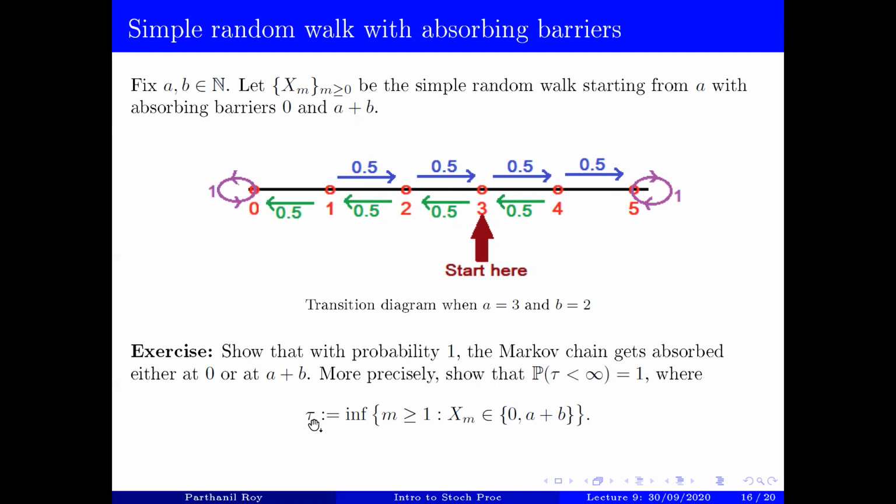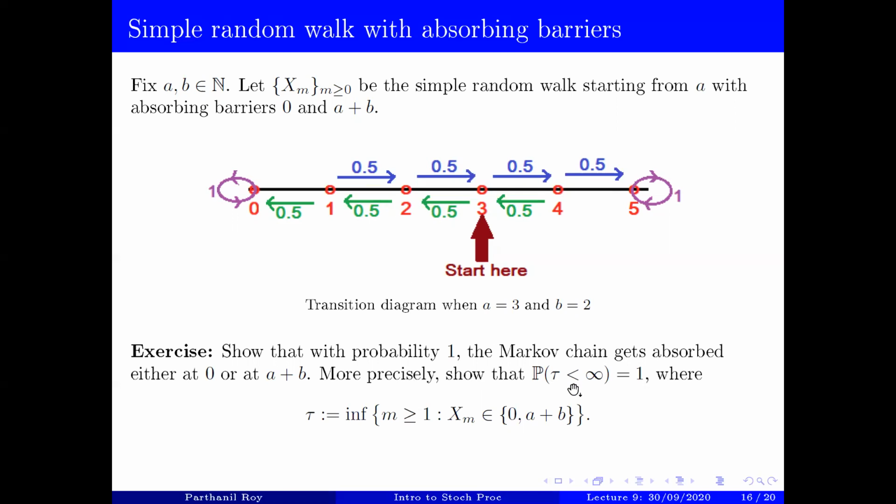So this is tau, and what I'm asking you to show is that tau is finite with probability 1. Tau infinite would mean that this set is unbounded, which means that X_m never reaches 0 or A plus B. So it always remains in the interior values. But that happens with probability 0. So that's what I'm asking you to prove.